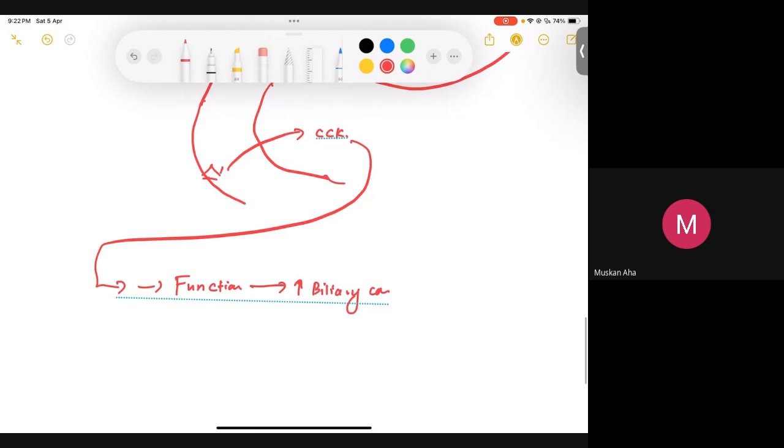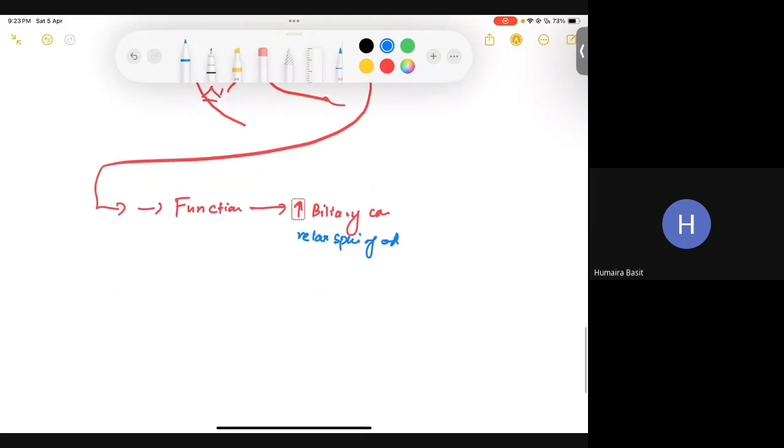What would it do to the sphincter? Relaxation of the sphincter of Oddi. So it would relax the sphincter of Oddi, here in the second part of the duodenum, which will drain all of the content, the bile, into your duodenum in order to help digest your lipid contents.